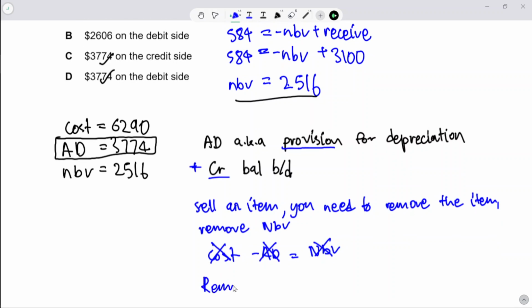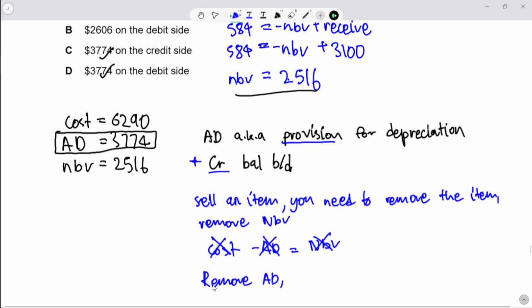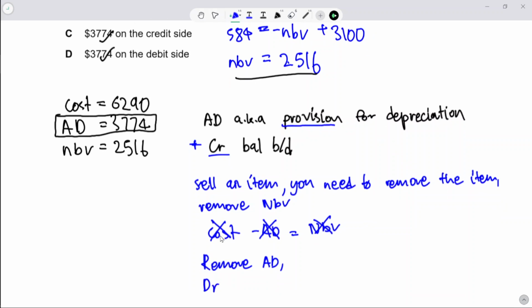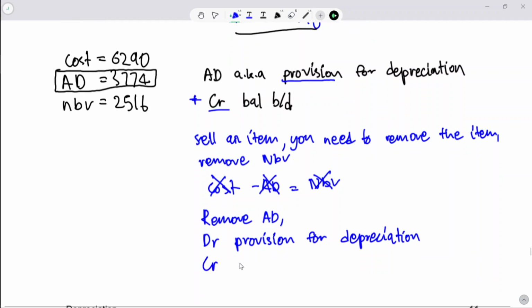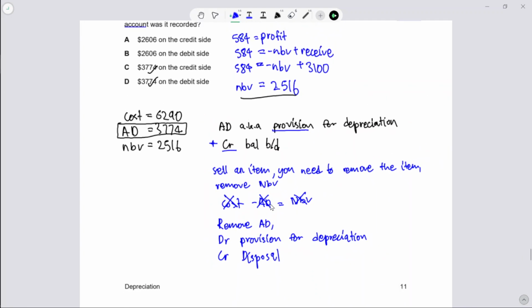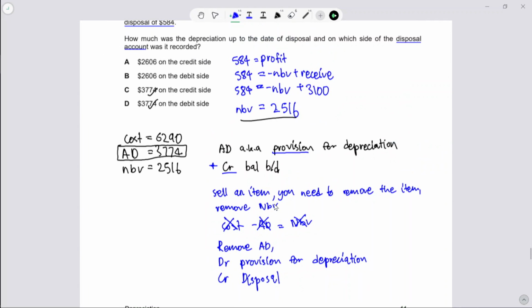So if you remove AD, you need to debit the provision for depreciation, and then you credit the disposal. Okay. So you want disposal, right? So disposal you want us to credit. So the answer is C.